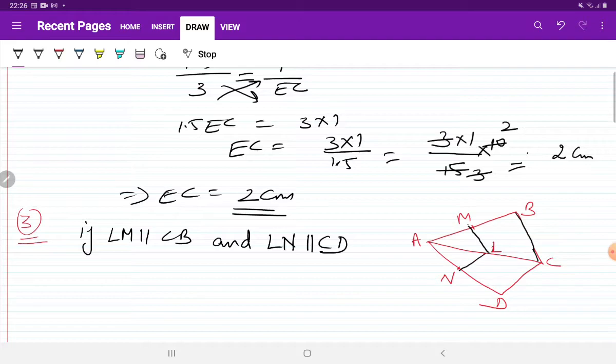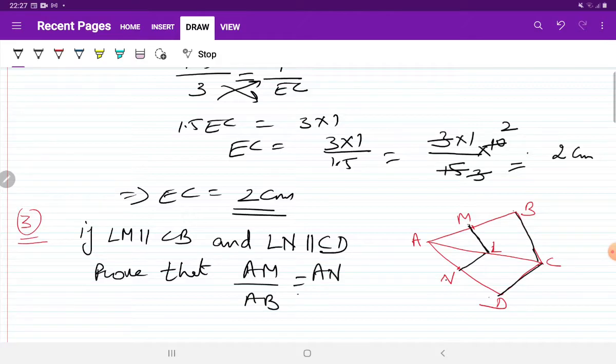You have to prove that AM upon AB is equal to AN upon AD. See what you have to prove: AM, this side, upon this full side AB is equal to AN upon this full side AD.